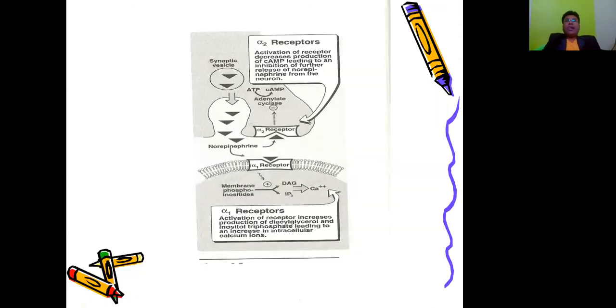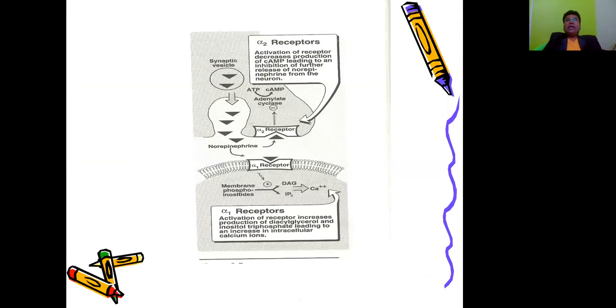Now, when you look at the alpha 2 receptors, they are mainly present presynaptically. Presynaptic is alpha 2, postsynaptic is alpha 1. In the presynaptic neuron, the alpha 2 receptors are present.